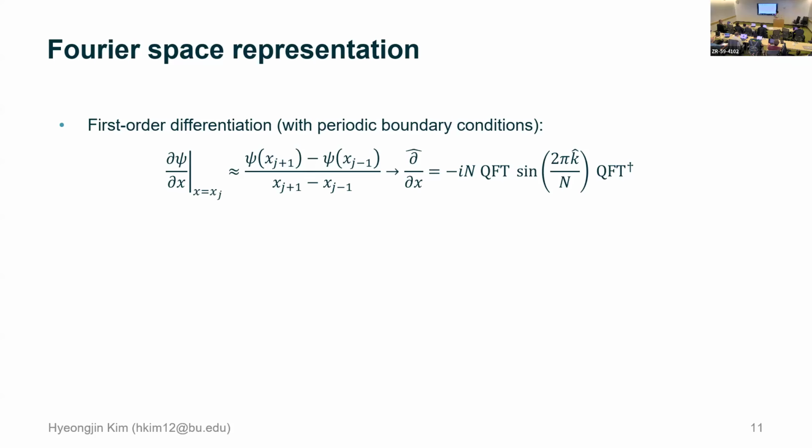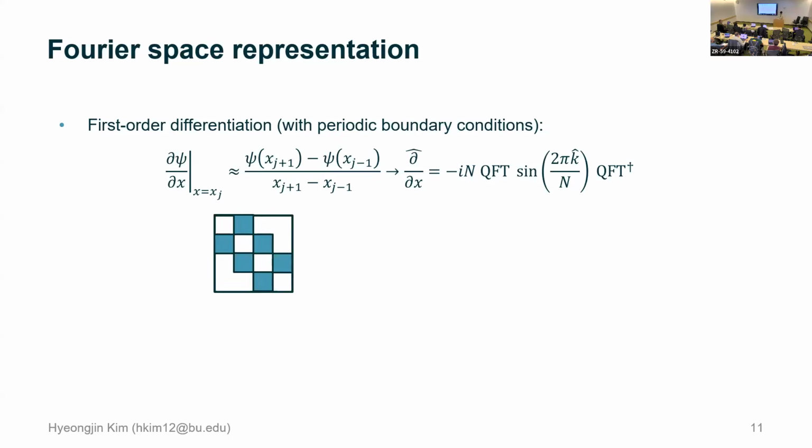For example, if you have the first order derivative of psi at point x sub j, in some first order approximation, that depends on your value at x sub j plus 1 minus x sub j minus 1. With some algebra, it can be shown that the differential operator can be written in this form where you sandwich two QFTs and inside you have a diagonal operator in the Fourier basis.